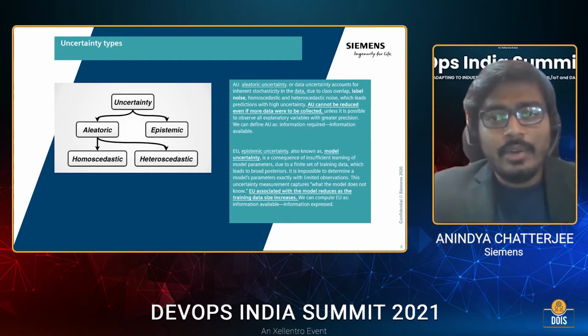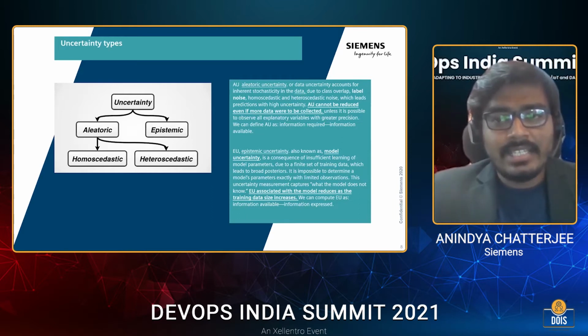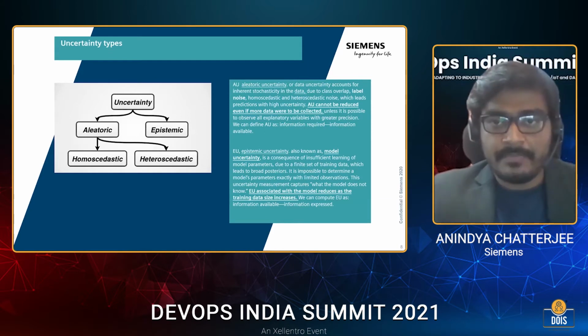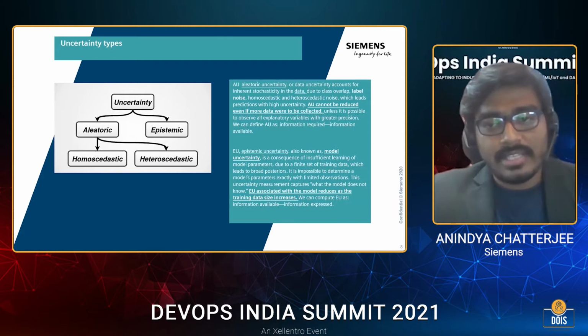Now, aleatoric uncertainty, since it is a data uncertainty, cannot be reduced by collecting more and more data to solve the problem. It can only be removed or reduced if you can observe all explanatory variables with greater precision. On the other hand, there is epistemic uncertainty, which is known as model uncertainty.